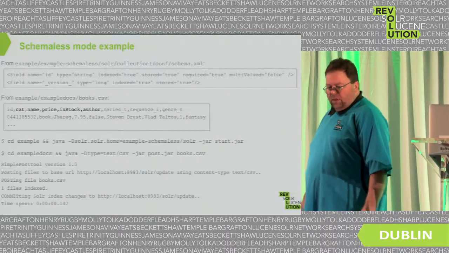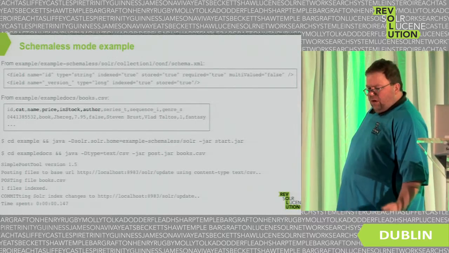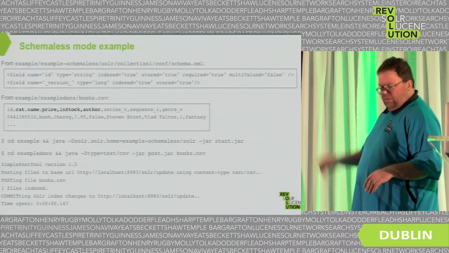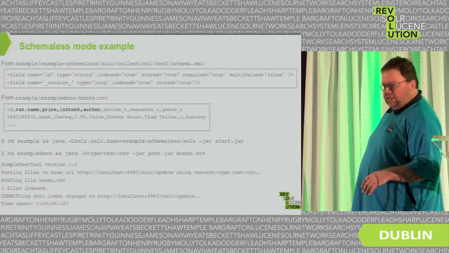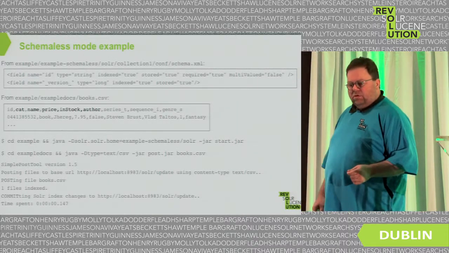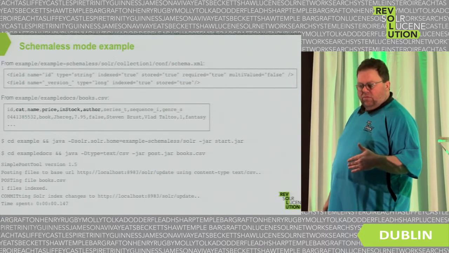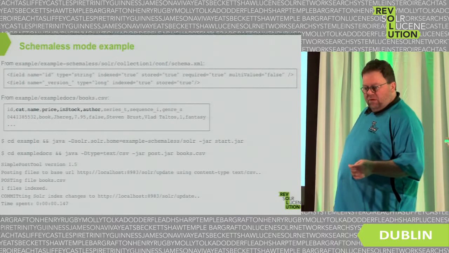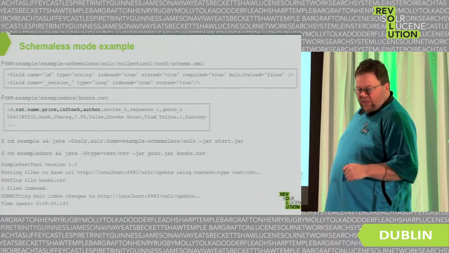So I'm going to walk through an example of indexing a set of documents in a CSV file that comes with the Solr binary distribution, the books.csv file.